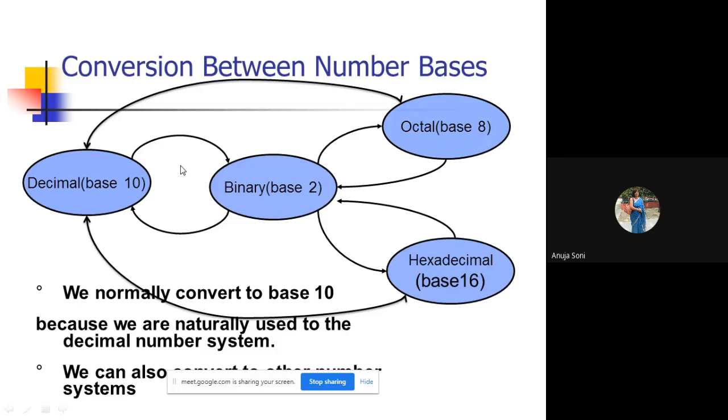The first case is once you are given a number in decimal numbering system having a base of 10, and you will be asked to convert it into binary, octal, hexa, or any other kind of numbering system. And the second case corresponds to the vice versa of this. You will be given a number either in binary or in octal or in hexa or in any other numbering system, and you would be asked to convert that number to the decimal numbering system having a base of 10.